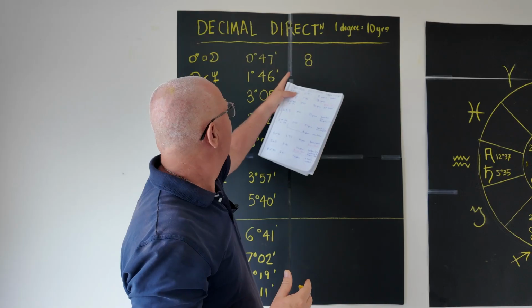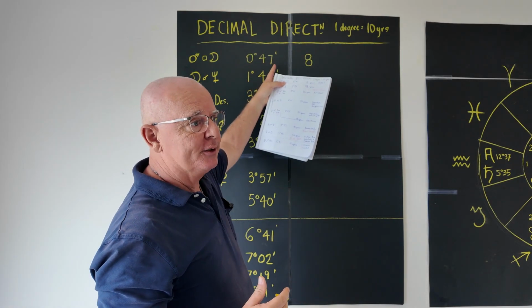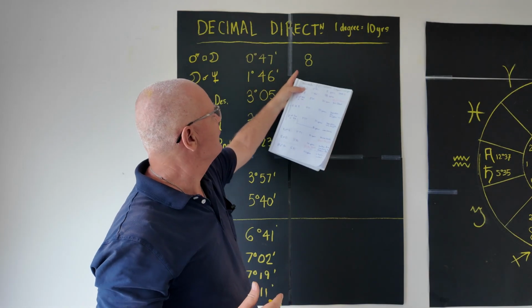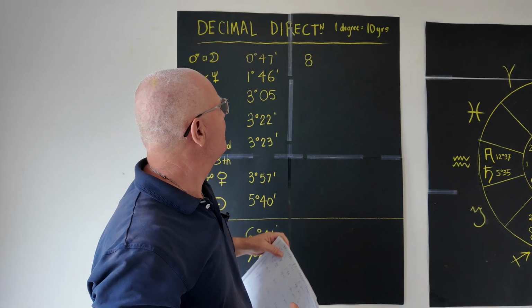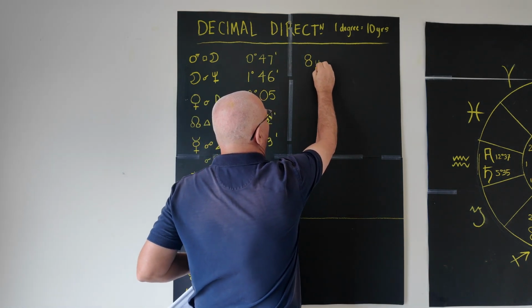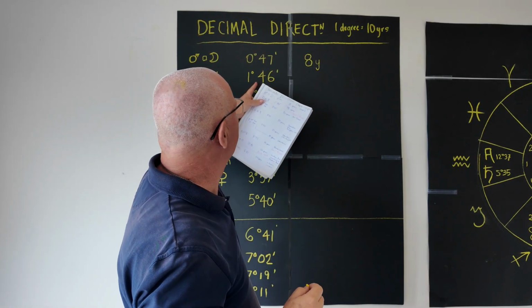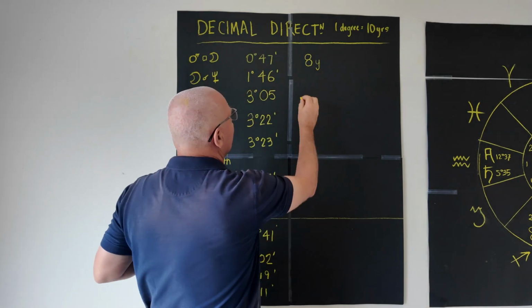So 8 years is in fact 0 degrees 48 minutes exactly, but it's 47, so it's a little bit before 8 years of age. And this one we're going to call 18.